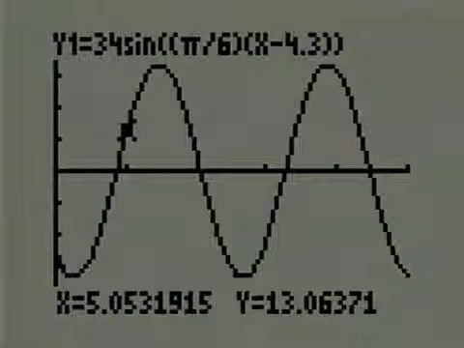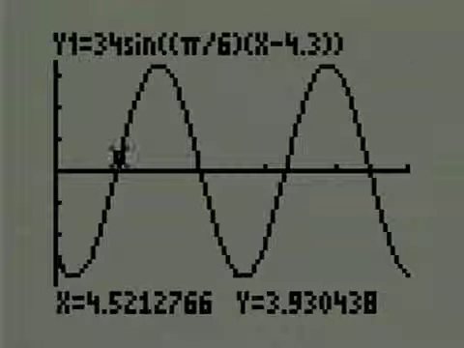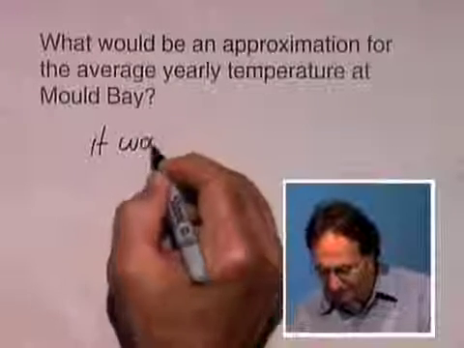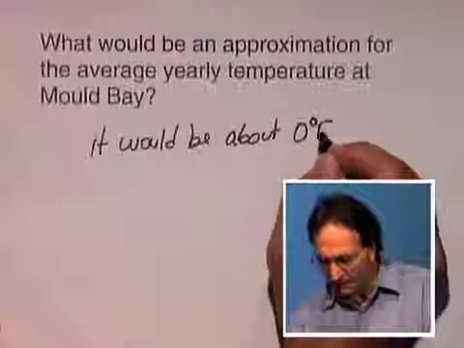You can see that, let me move my cursor down to y equals 0, or as close as I can get. There we go. But you'll see that it's as much above y equals 0 as it is below. And so we can conclude from this graph that the average yearly temperature is right around 0 degrees Fahrenheit. So let's write that down as a result here, that it would be about 0 degrees Fahrenheit.